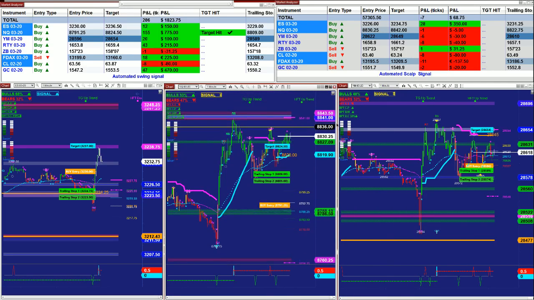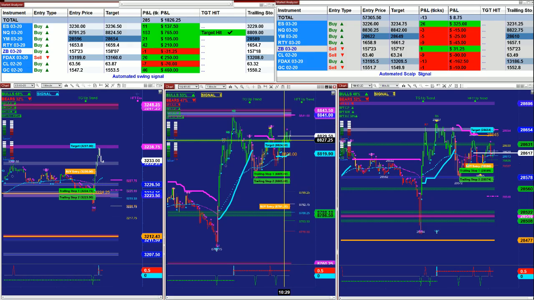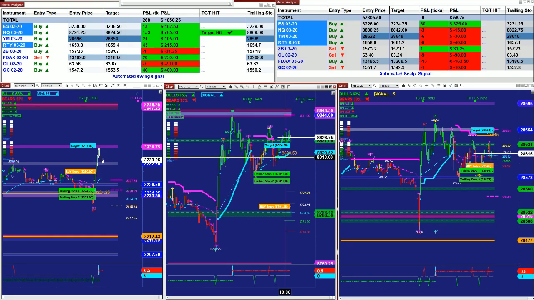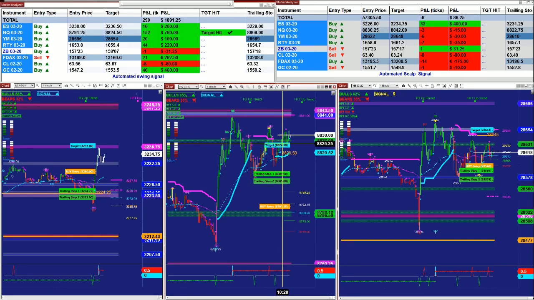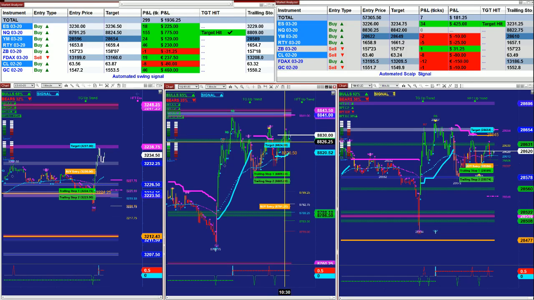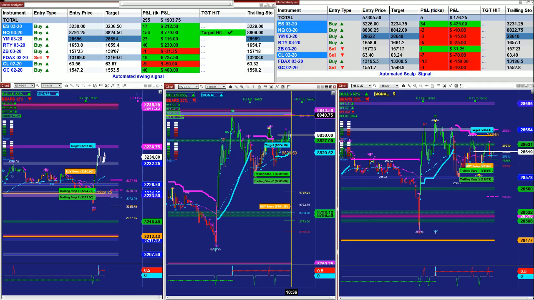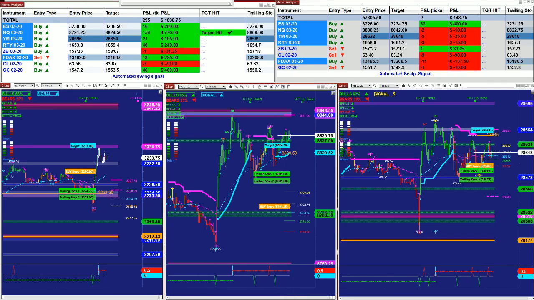For the Nasdaq traders, the market is stuck between the support at 88.26 and a resistance at 88.40, and that's why you're not seeing movement.